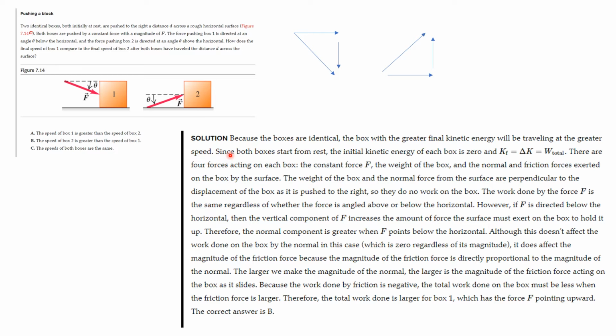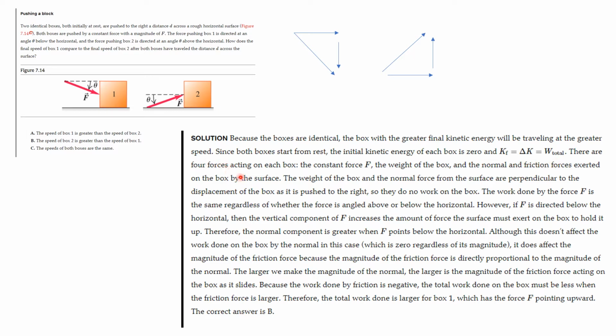Because the boxes are identical, the box with the greater final kinetic energy will be traveling the greater speed. Since both boxes start from rest, the initial kinetic energy of each box is 0, and K final is equal to the change in K, the total work.